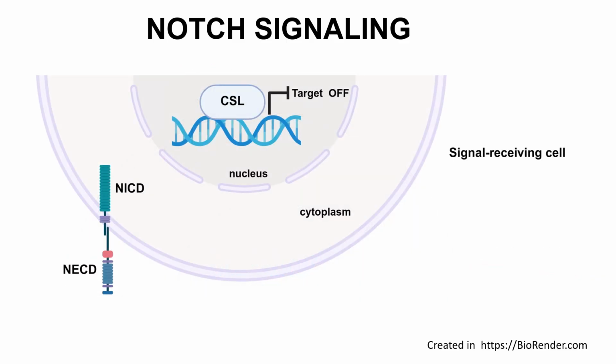And the other cell is called the signal receiving cell, which has a receptor called the notch receptor.